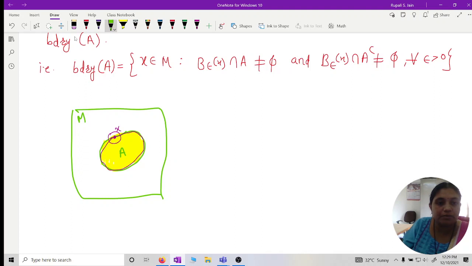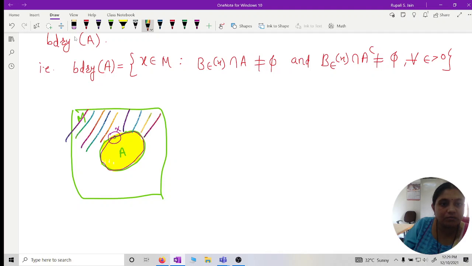A is any subset of M. Then X is said to be a boundary point if every neighborhood intersects A and its complement. What is A complement? It is nothing but this, whatever I am highlighting with lines. This is nothing but A complement.